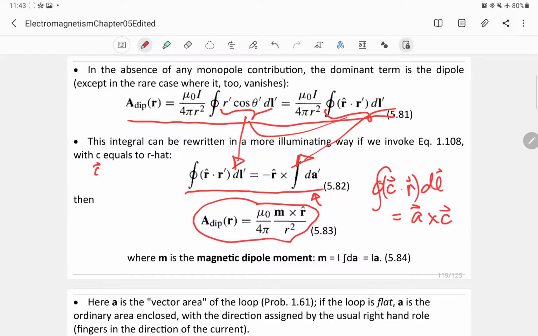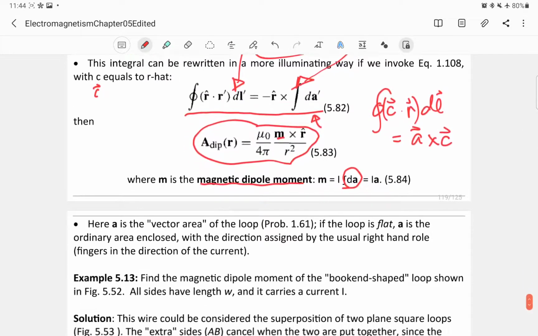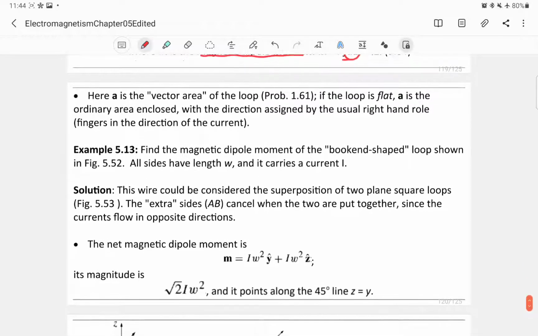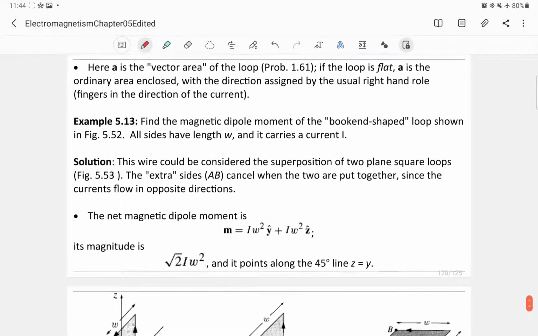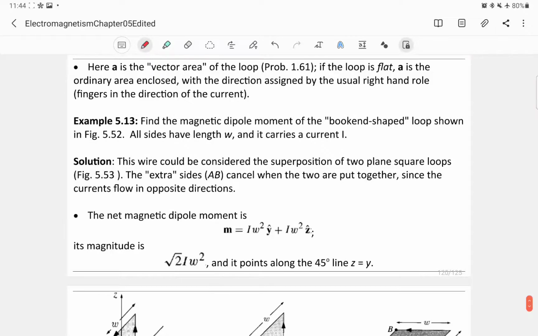Where your m here is the magnetic dipole moment, which is just the current times the integral of the area of the surface in consideration. In there, A is the vector area of the loop.